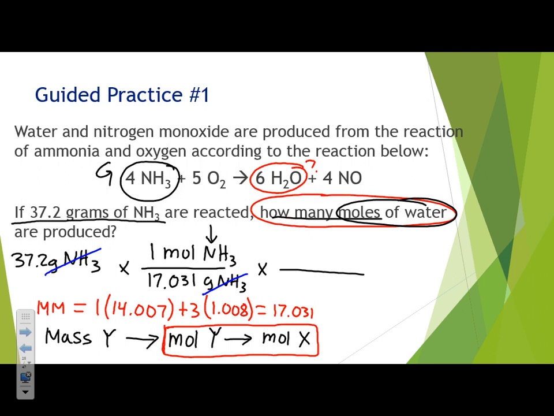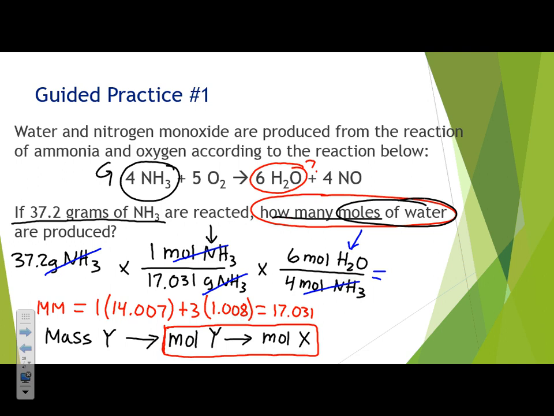So for every, in our reaction, 4 moles of NH3, we have 6 moles of water, or H2O. Again, after canceling our units, moles of NH3 on top, moles of NH3 on the bottom, we now will have our correct units of moles of water.